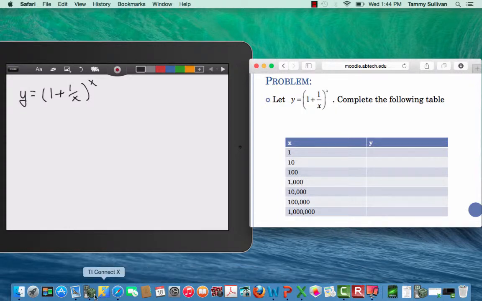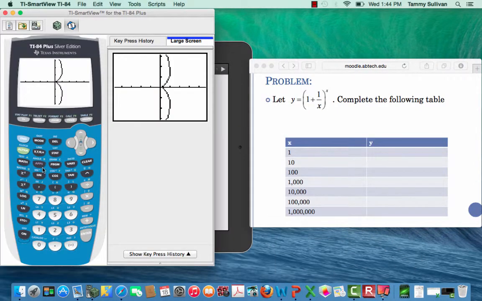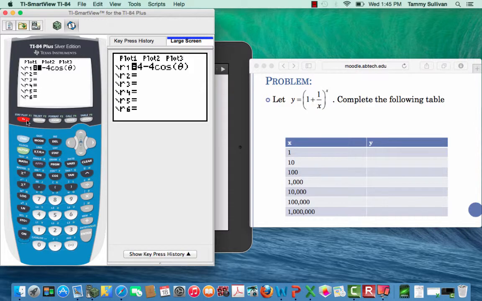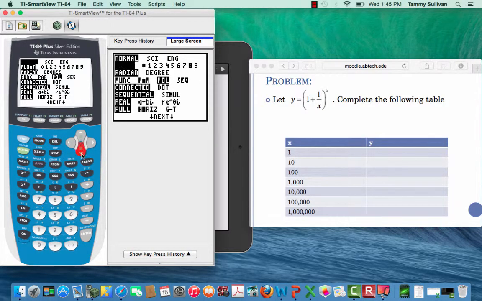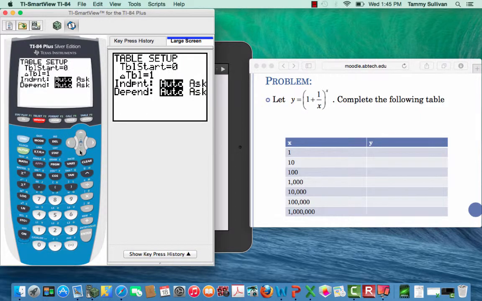So I'm going to pull up the graphing calculator. I'm going to change my mode back to function. I'm going to change my table set. So I'm going to hit second function window, and I'm going to change my table set to ask.